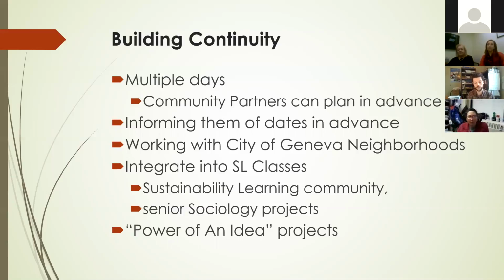And many of those neighborhood associations have become stronger and have gotten familiar with our day of service program and are starting to think ahead of how we can work with them. We've tried also at times to integrate this into coursework. So one thing that we've started, I think this is our 3rd year, we started a learning community for sustainability. And I've tried to work with them in a couple of ways.